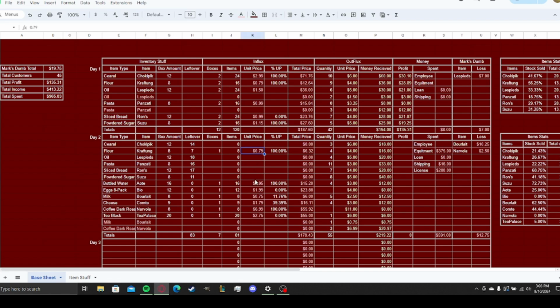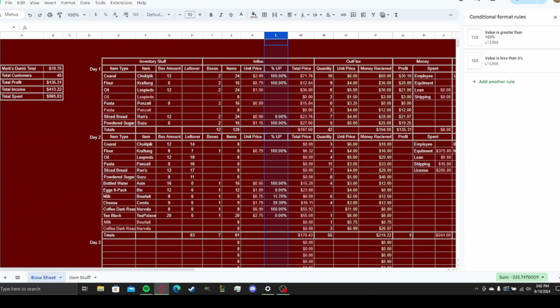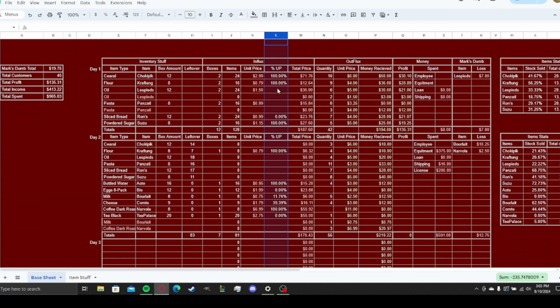So, you have your unit pricing. If I do show that video, you'll see it more back there. But I added conditional formatting to this table. I could have done this a little cleaner, but this was the fast way that I just knew how to do it. Basically, if a number is over 100% or below 0%, it will not show up in this tab.